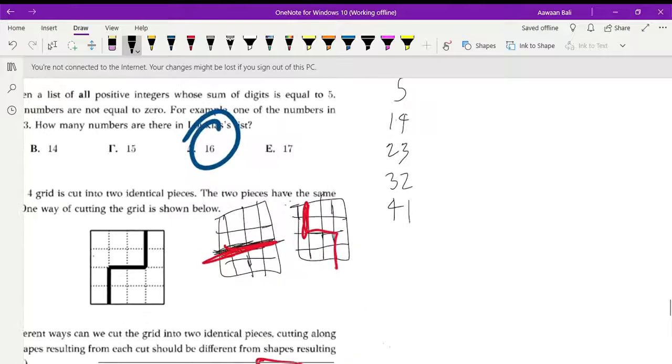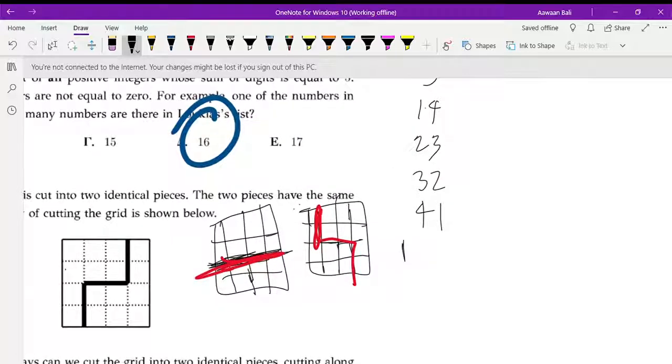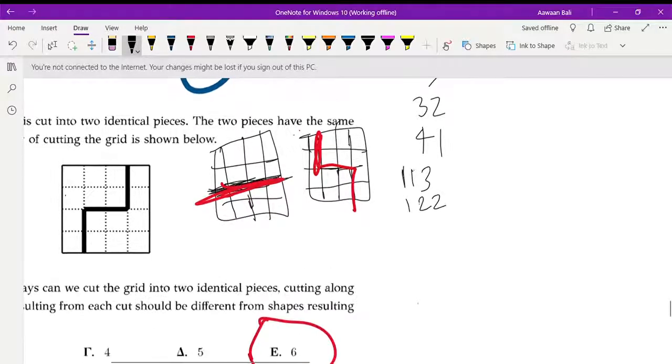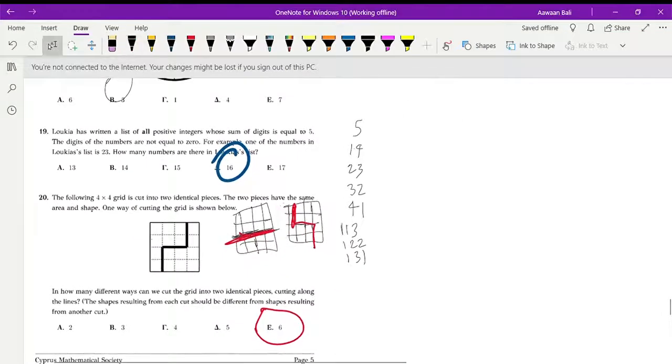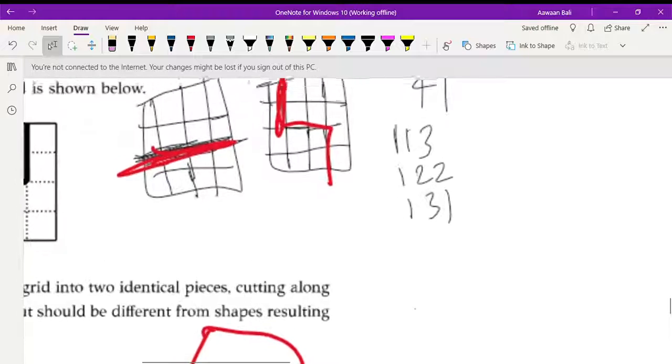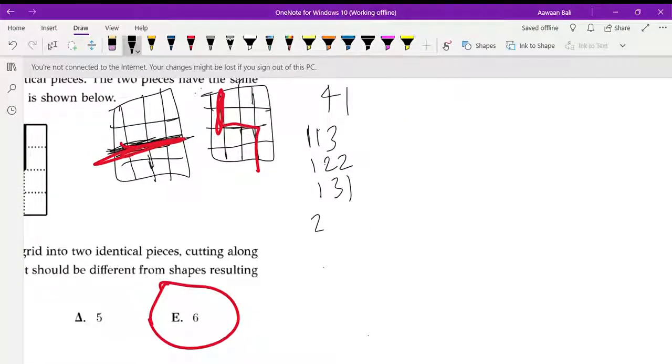Then we have to write the three-digit numbers, which means we start with the 1, and then the rest of the sum will be 4. So 1, 1, 3, 1, 2, 2, and then we can swap it around, 1, 3, 1. And again, we can't use any zeros, so that's exactly what we're doing here. Now, we go to 2, so that means the sum of the rest of the digits would be 3, which means we would have 2, 1, 2, 2, 2, 1.